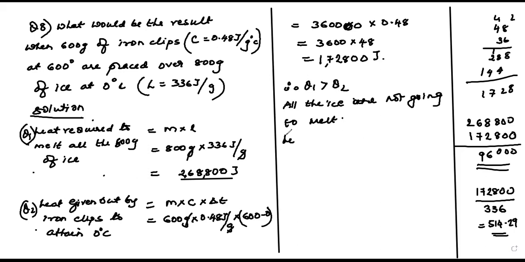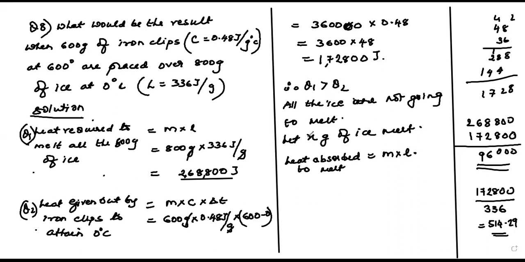Okay, let X gram of ice melt. Got it? Therefore, please have a look here. The heat absorbed to melt, the maximum heat ice can absorb, is M into L.